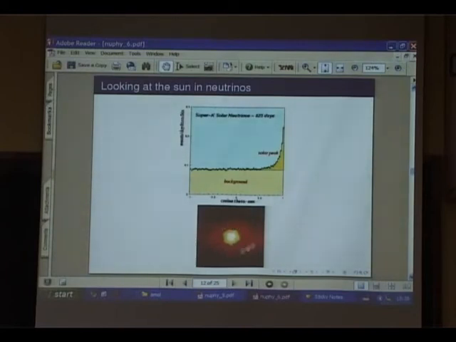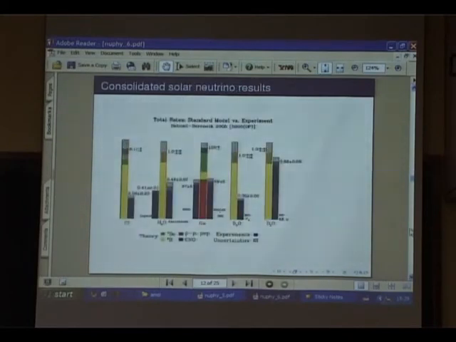Neutrino is about 10 to 20 degrees. But it's not the fault of the sun, it's the fault of our equipment. You cannot detect it better. So this is how you look at the sun in neutrinos. Hopefully this will get much better as time passes. So this is how we will end today's lecture.